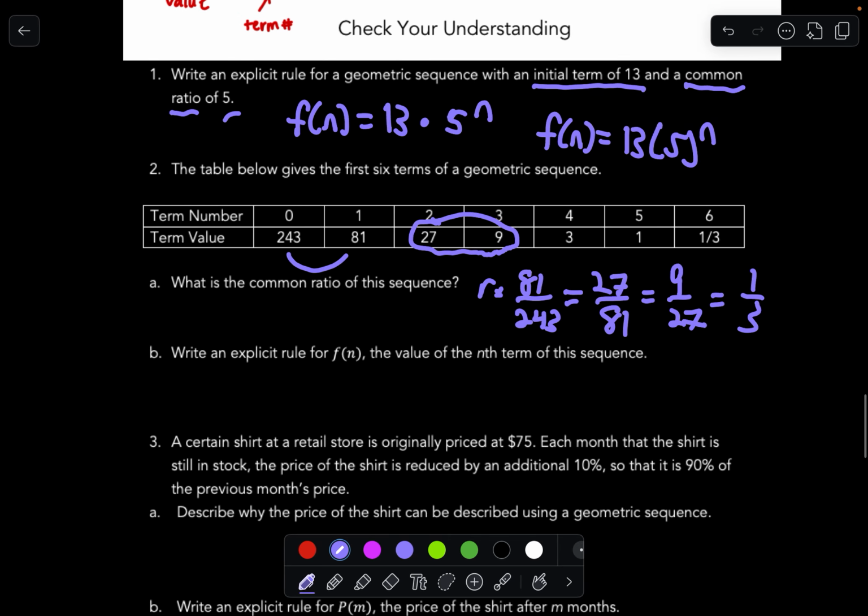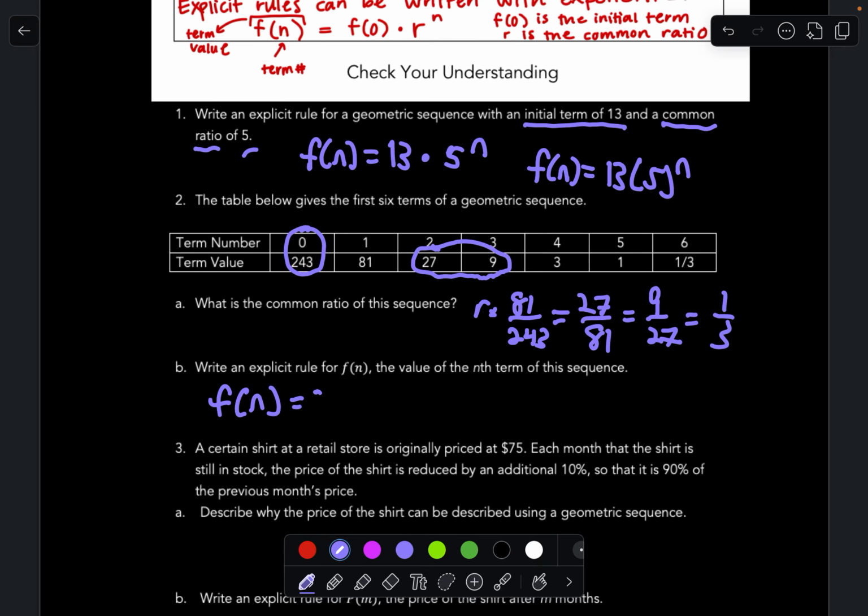Now write an explicit rule. That would be f of n. Notice on the table, they give you the 0 term. So f of 0 is 243. So we got 243 times 1/3, that's r, to the nth power. Okay, you could check it.